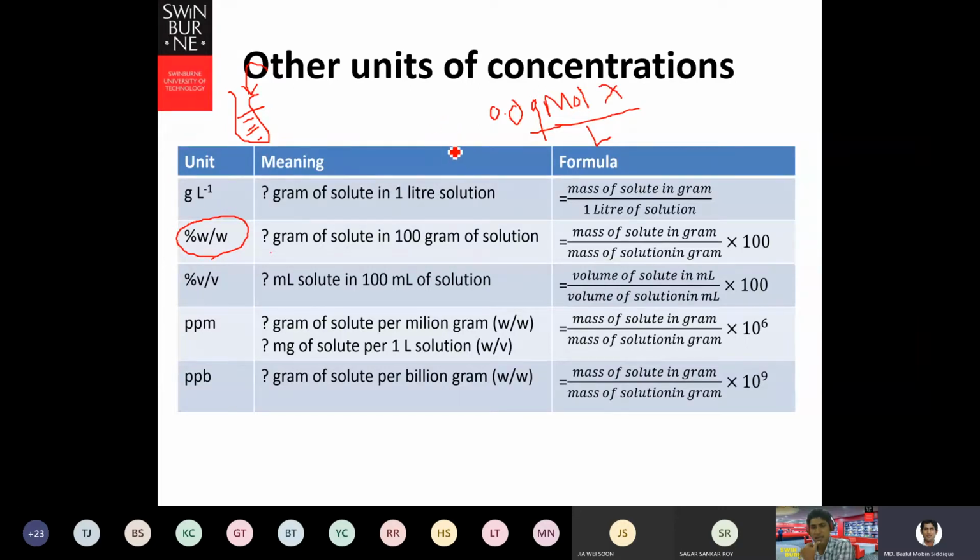We just multiply it with its molecular weight, right? 60 gram per mole. The mole and mole cancel out, and we will have 5.4 gram. That means in 0.09 molar solution in 1 liter, I have 5.4 grams.